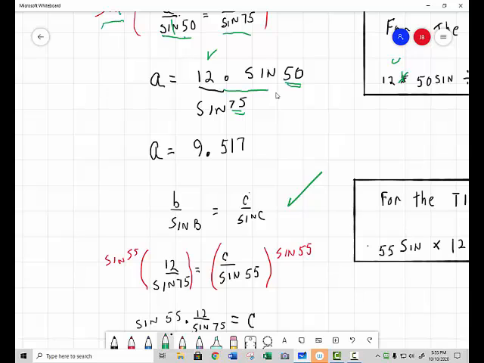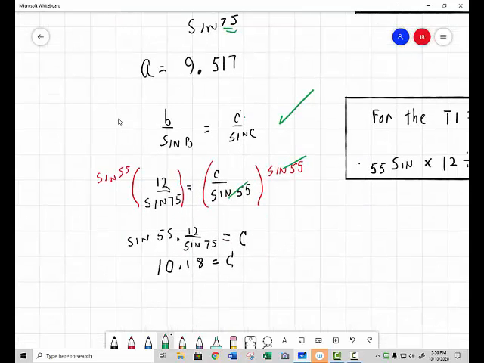I know the sine of B, that's sine 75. I don't know C, but I do know that angle C now is 55 degrees. Now we're going to multiply both sides of that equation by sine of 55. That drops out, leaving my C, and over on the left-hand side I have sine 55 times 12 divided by the sine of 75.